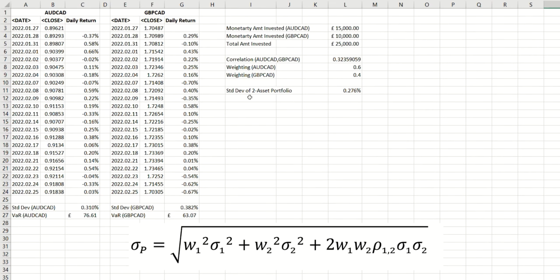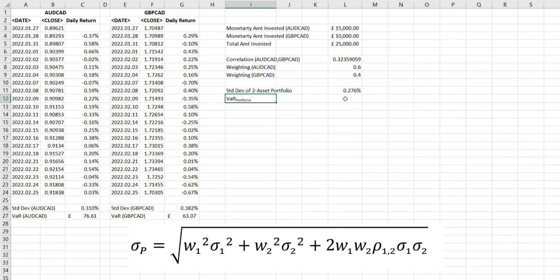So let's go ahead now and calculate the value at risk for this 2-asset portfolio. And if you remember, this is 1.65, which is the Z-score, multiplied by the standard deviation of the portfolio, multiplied by the total investment amount, which is 25,000 here.